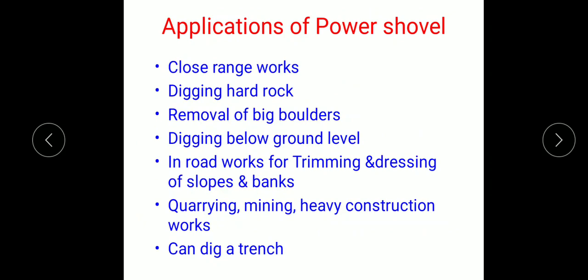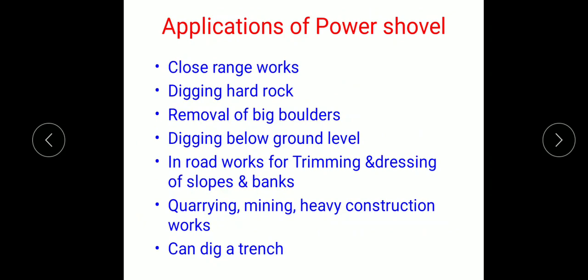Coming to the applications of power shovel, generally this power shovel is used for close range works. It can also be used for digging hard rock. For the excavation of hard rock, power shovels are used. It can also be used for removal of big boulders, and the main application of this power shovel is that we can go for digging below the ground level, which is not possible with other types of equipment.